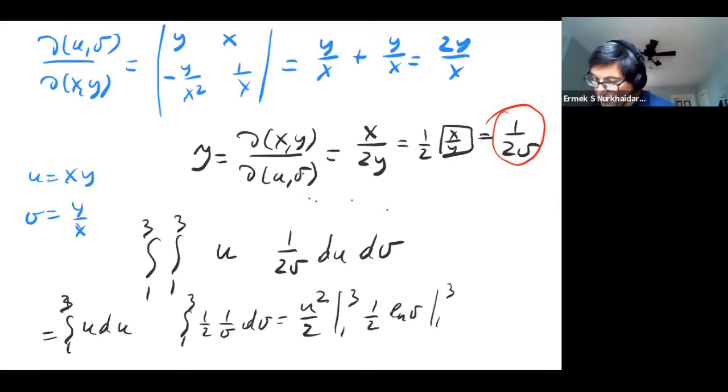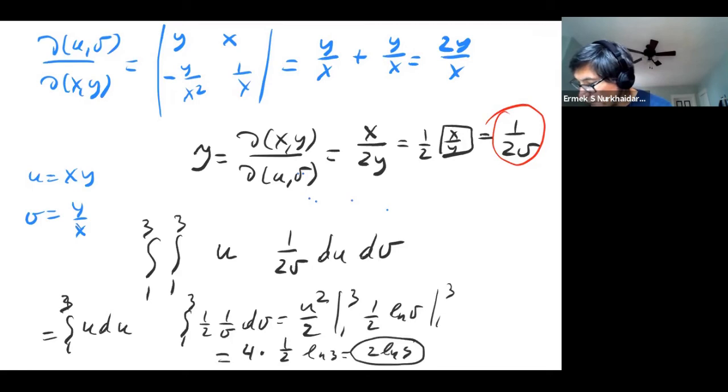So we're going to get 9/2 minus 1/2 is 8/2, which is 4, times 1/2 (ln of 3 minus ln of 1). ln of 1 is 0, so ln of 3. So 2 ln of 3. So that's what we got for this integral.